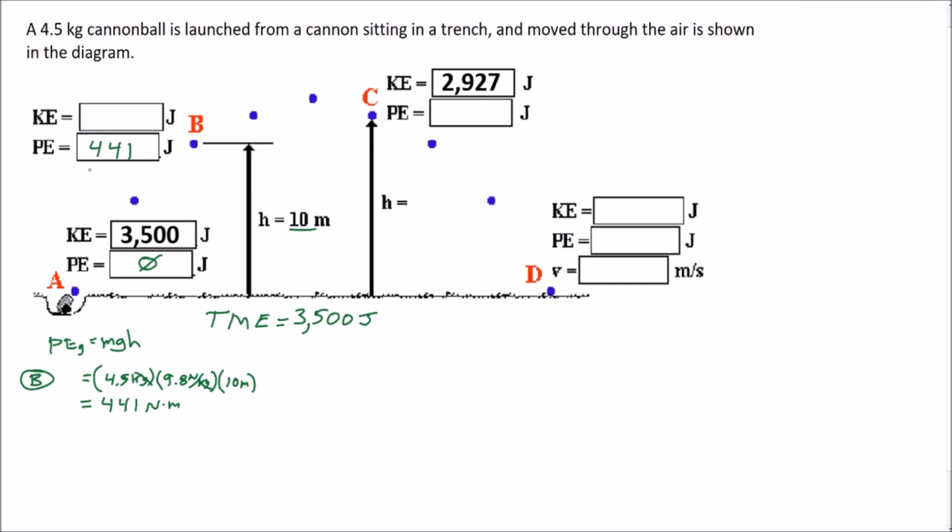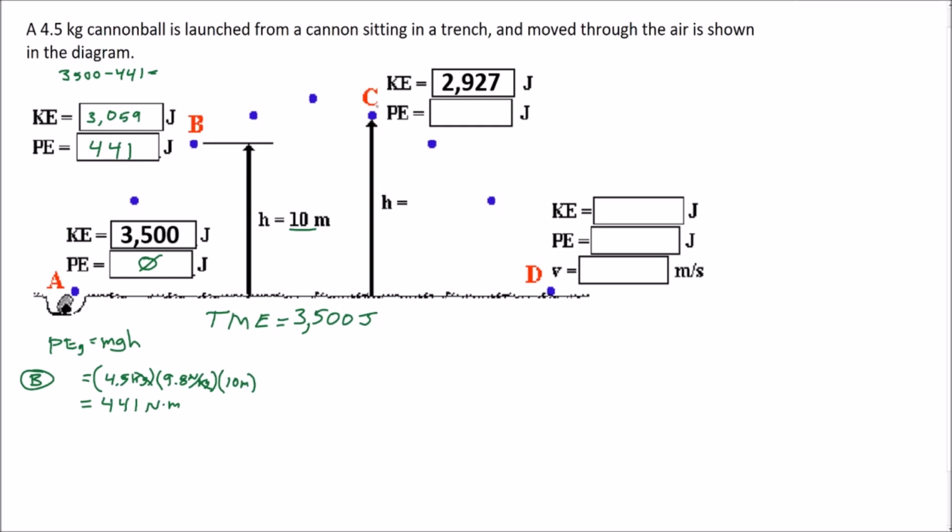Now, the total between the two has to add up to 3,500. So if we take that 3,500 and subtract our 441, that tells us that the kinetic energy must be 3,059 joules. So those add up to our total.